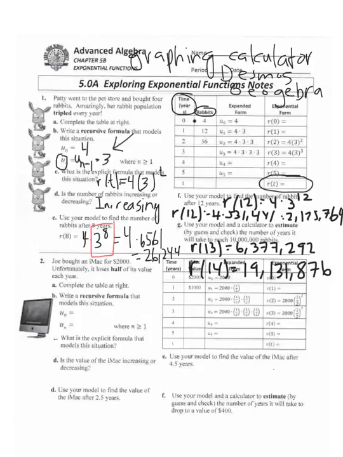So we know that the number of years will be between 13 and 14. 10 million is a little bit closer to 6 million than it is to 19 million. So an estimate would be around 13.4.